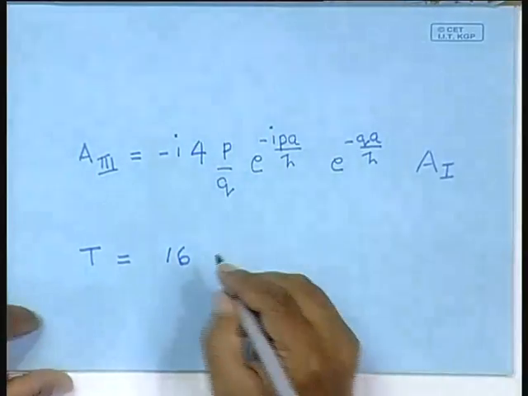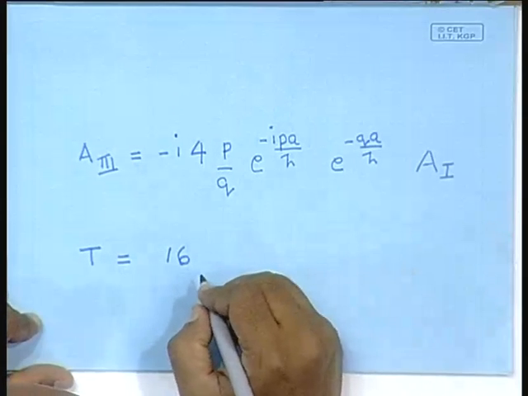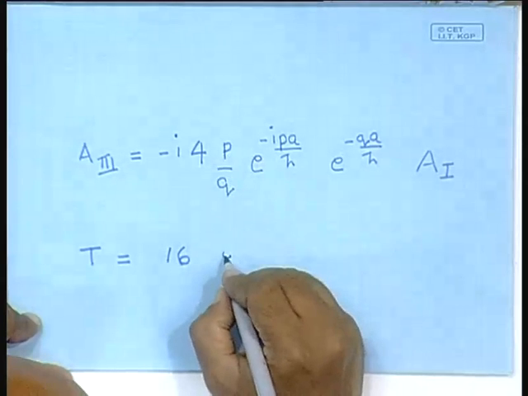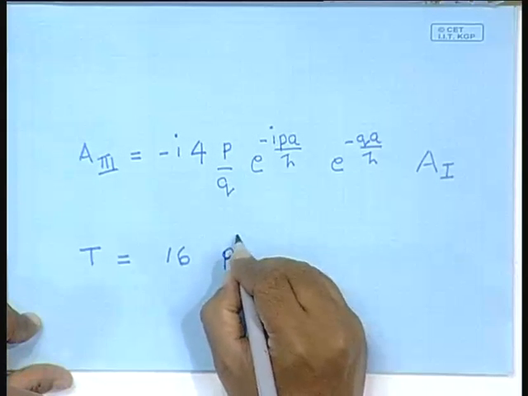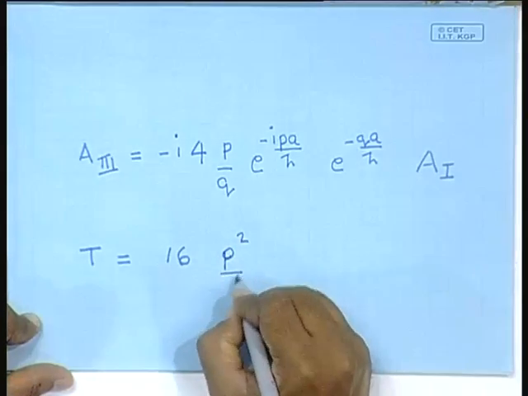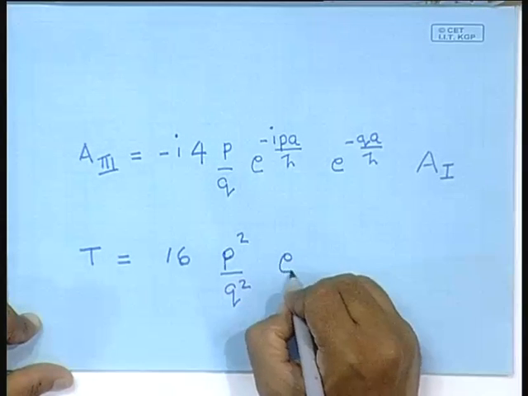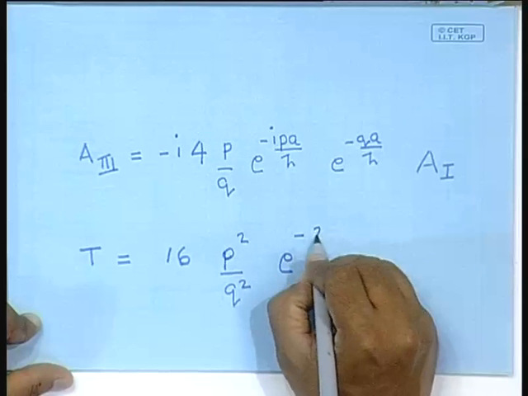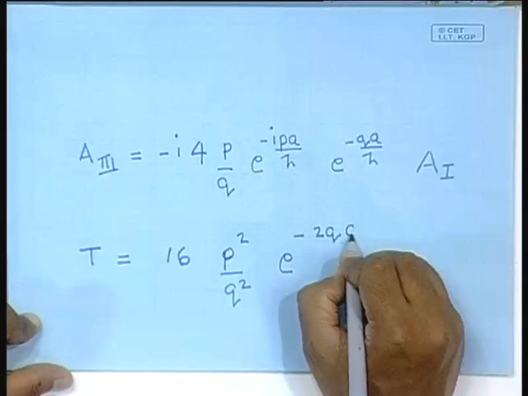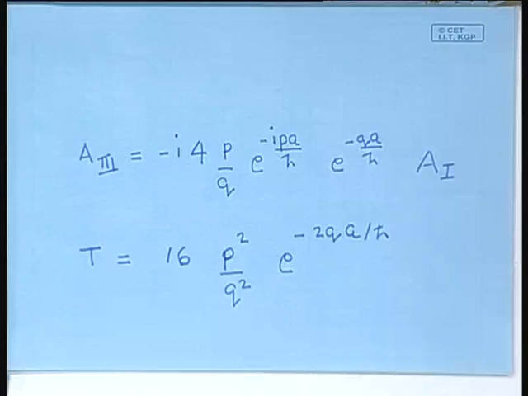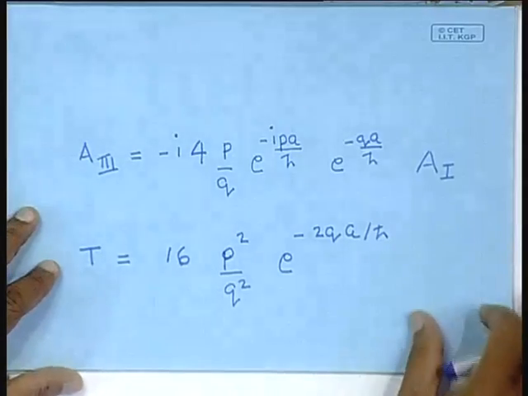The modulus squared of this is going to be, I have the square of this first, p squared by q squared e to the power minus 2qa by h cross. So, this is the transmission probability, tunneling probability or the transmission coefficient.